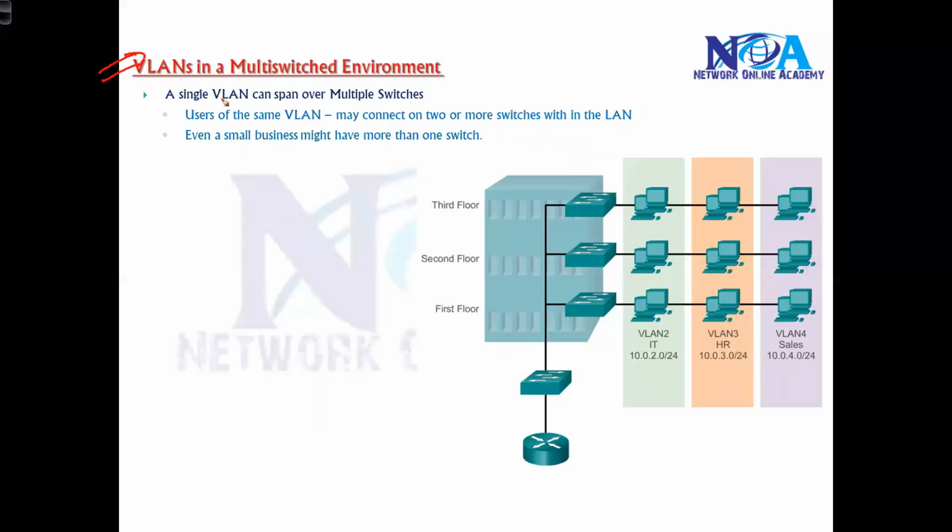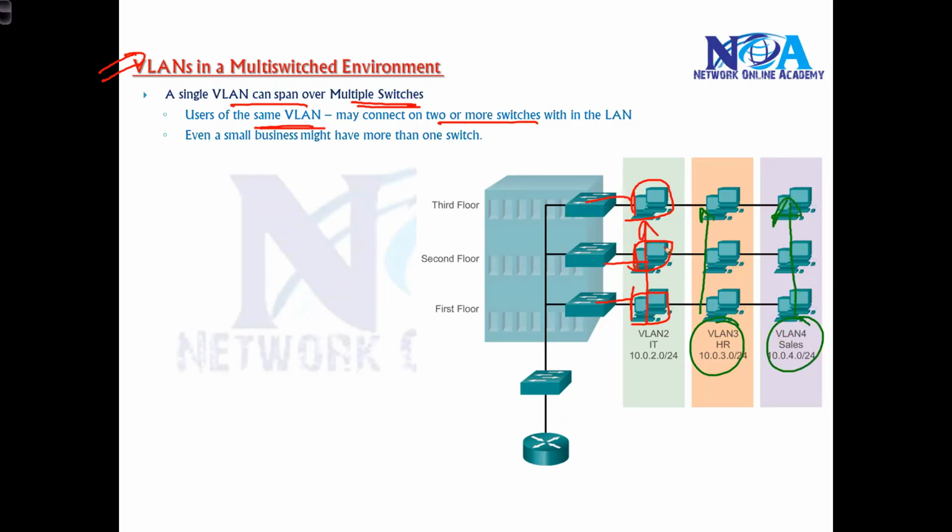First, we need to understand that the users of the same VLAN can span over multiple switches, which means the users of the same VLAN may connect to 2 or more switches within the same LAN. As you can see in this example, there is a VLAN IT, with users on different floors connecting to different switches, and VLAN 3 and VLAN 4. They can all talk to each other within the VLAN.